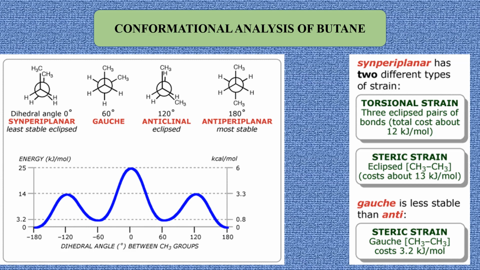The bulky groups are also anti to one another. At the same time, they are lying on the same plane. They are coplanar and they are present in the opposite direction. That is why we call it anti-conformation. And this has got the lowest energy.